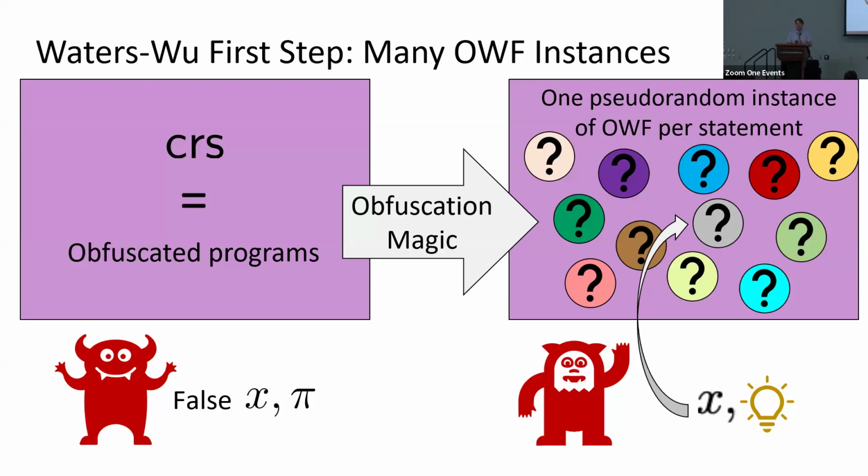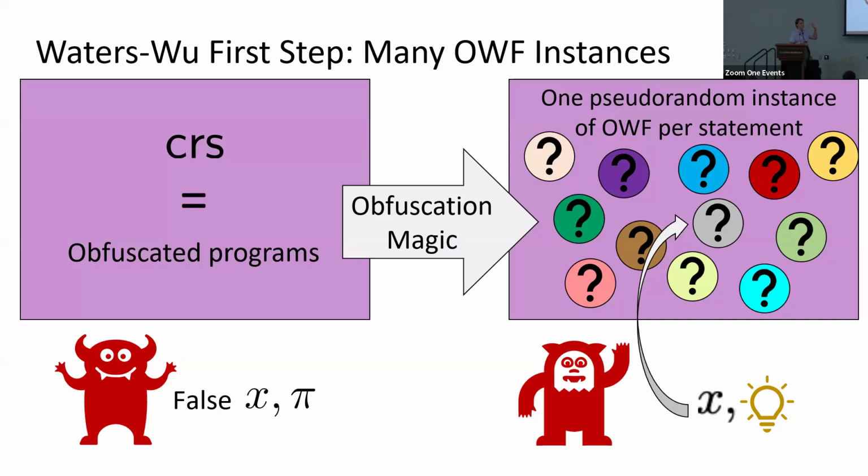And then they also let you verify the proofs. And using some obfuscation magic, what Waters and Wu do is they say, okay, let's take the real world where we have a CRS consisting of these obfuscated programs and some adaptive adversary that sees the CRS and produces a false statement X together with a valid pi.